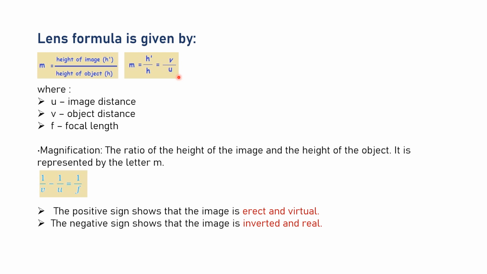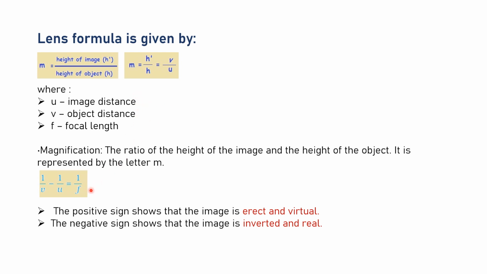Children, if you remember, in case of mirror it was minus v upon u. So the magnification formula of lenses is just opposite, that is the sign is not the same. Here the sign is positive, v upon u, right? So u is object distance, v is image distance, f is focal distance, right? So this was about magnification.